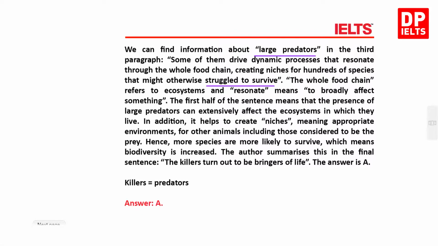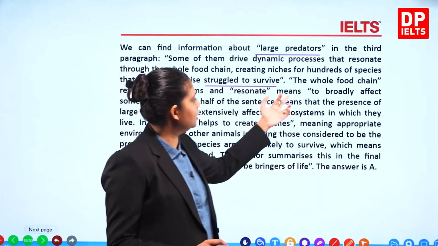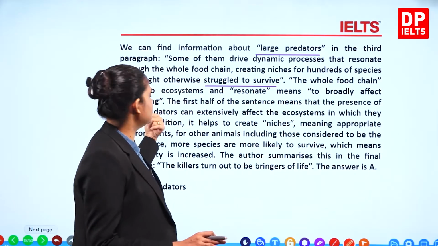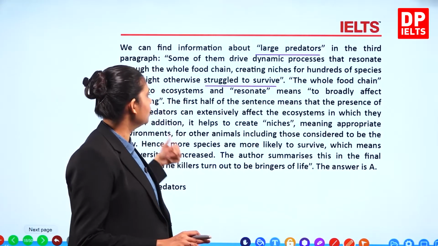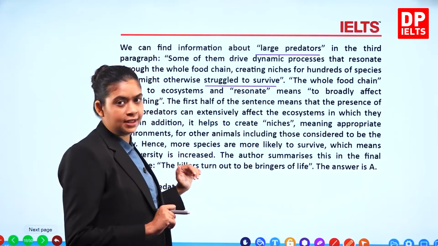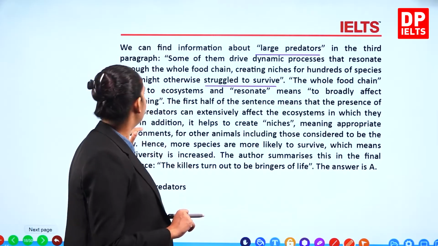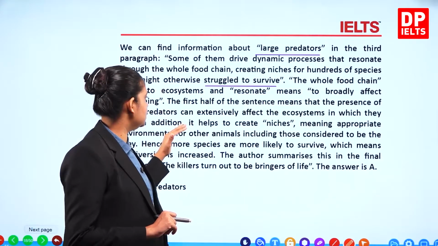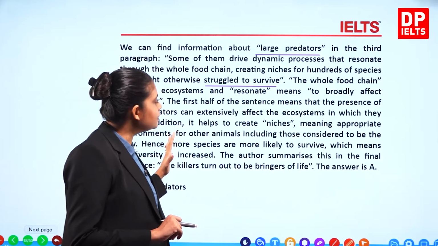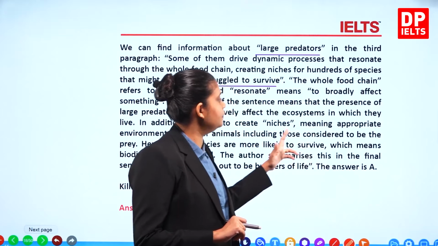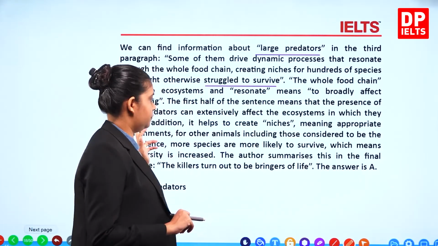So, the first half of the sentence, from here. The whole food chain refers to the ecosystems, and resonate means to broadly affect something. So, the first half of the sentence means that the presence of large predators can extensively affect the ecosystems in which they live.